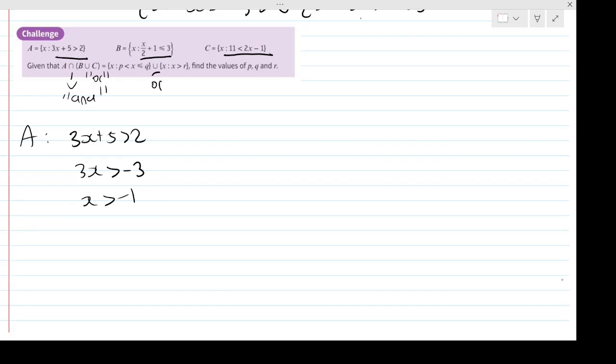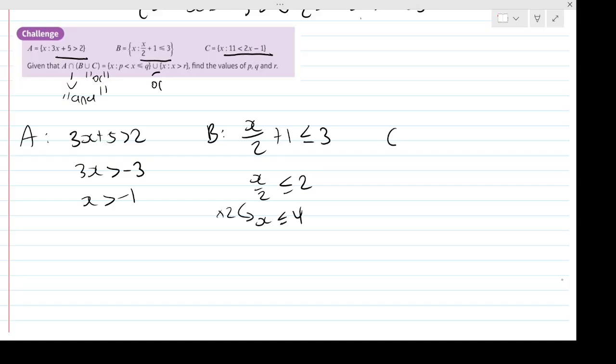We can work with that, perhaps. And for B, again, it's just an inequality we can solve: x over 2 + 1 is less than or equal to 3. I could double both sides, but I'm going to move the 1 first. So x over 2 is less than or equal to 2, then I can double to get x is less than or equal to 4. Then for C, again, it's a fancy way of dressing up an inequality.